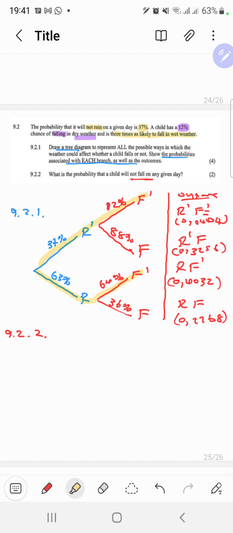So here we want the probability of the child not falling. Remember, this is R' and F'. This is not falling, right?